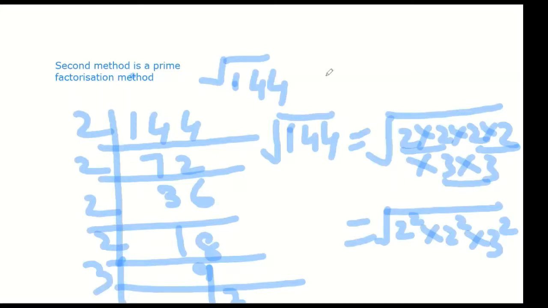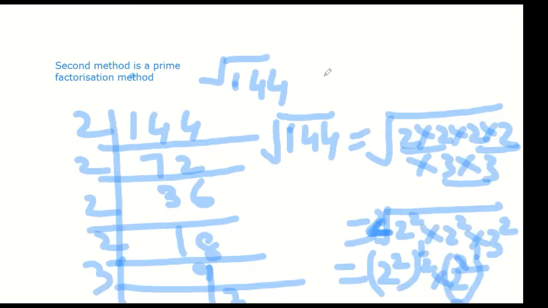So I told you that the square root has an order 2. This is order 2. This is order 2. So I find 2 raised to power 2, raised to power 1 by 2.